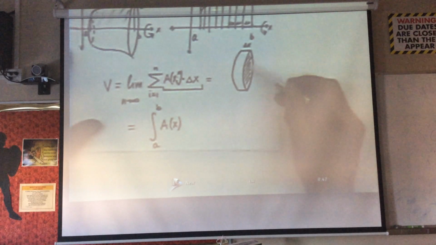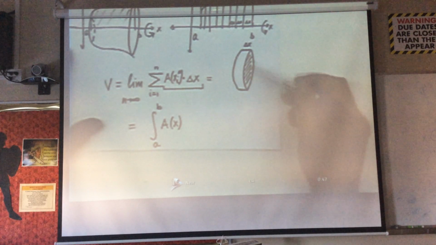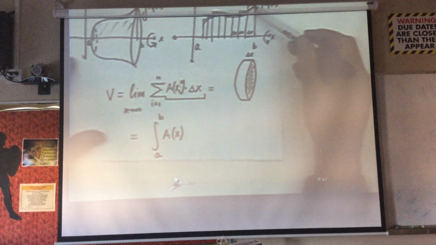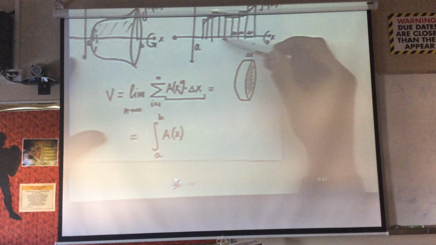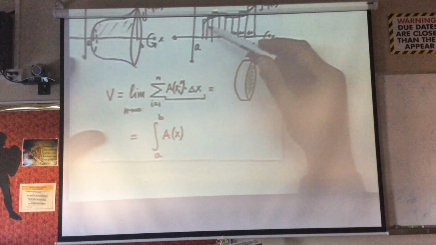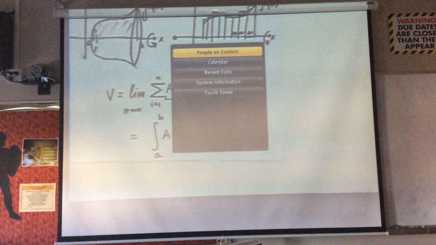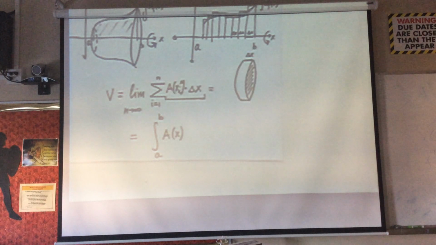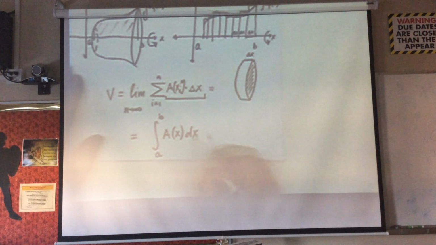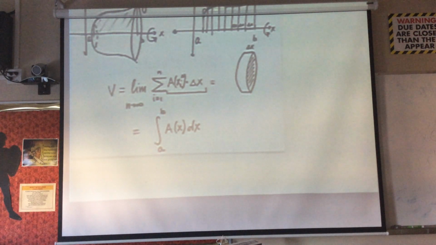So here this will be area of a circle. But remember, each of these over here have different radiuses, right? So that's why it's A of x. It's not always 5. Every time you start moving, the curve will change. And the radius is different, right? All the time. And dx. And that's the idea of the volume.